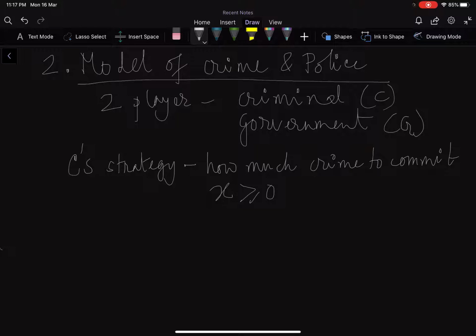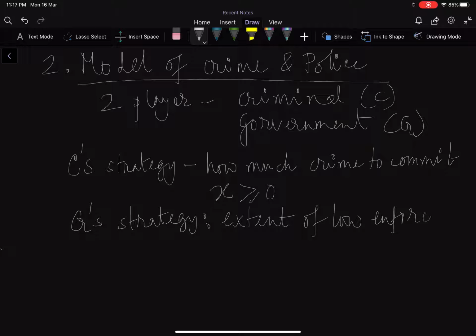So the higher the value of x, the higher the amount of crime committed by the criminal. So x is decided by C. What is the government strategy? The government strategy is to decide the extent of law enforcement. It is denoted by Y.